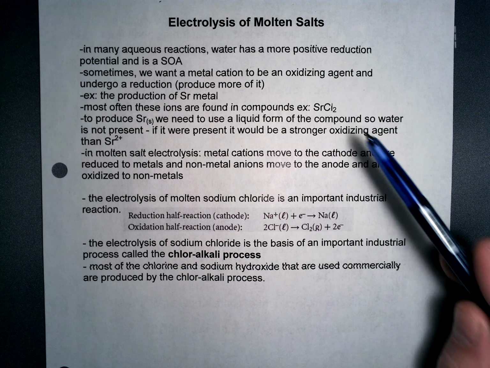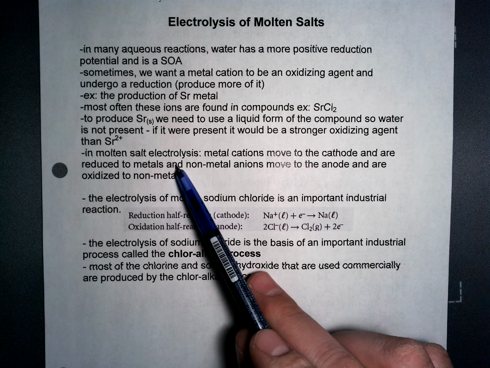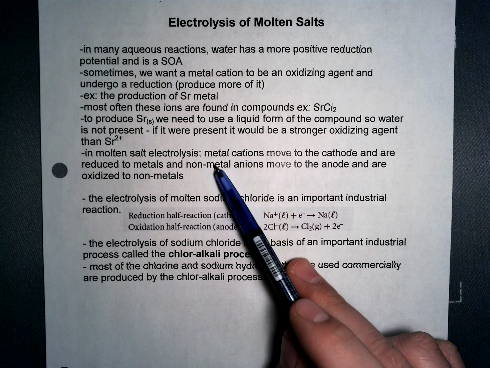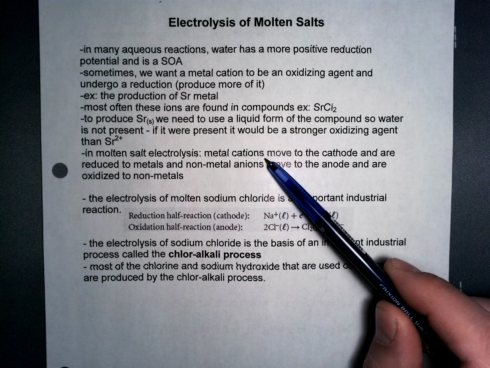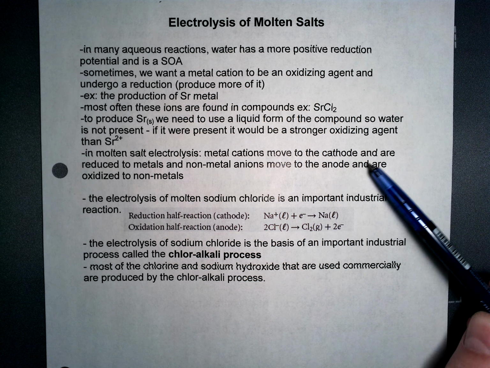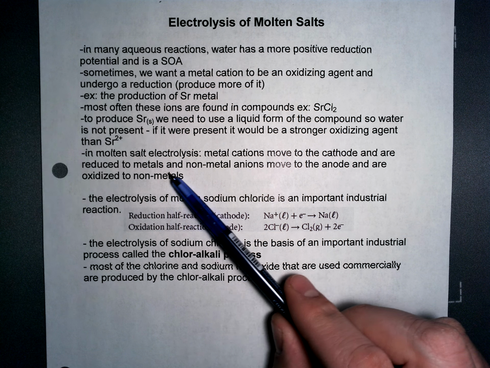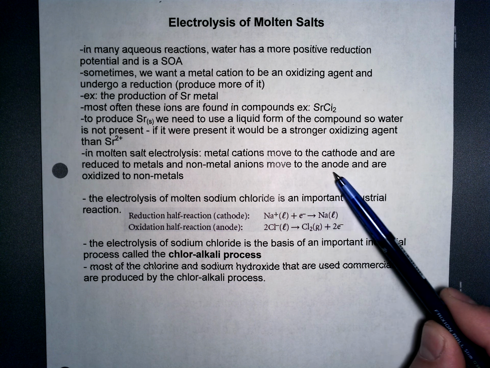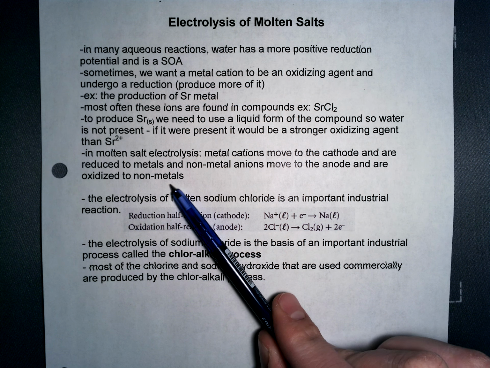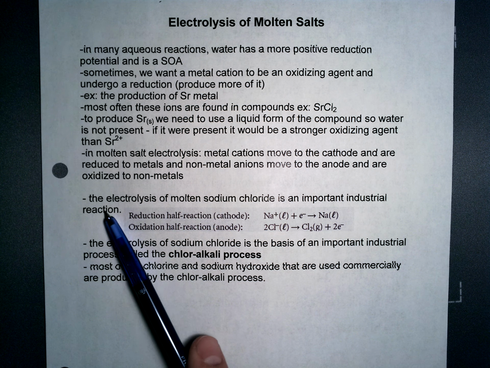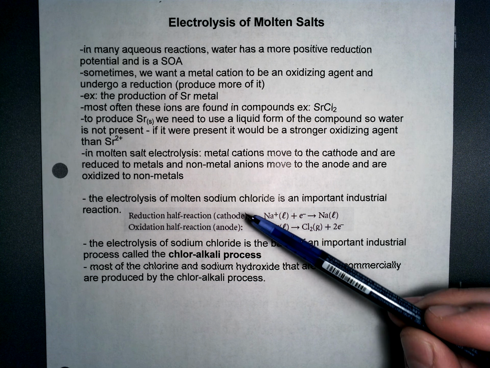So if we have a molten salt electrolysis, this is where the metal cations move to the cathode and are reduced to the metals, and the non-metal anions move to the anode and are oxidized into non-metals. So the example here, the electrolysis of molten sodium chloride is an important industrial reaction.